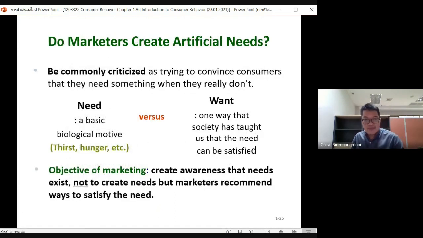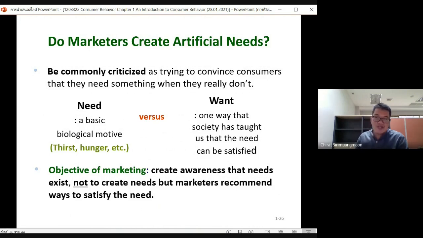First one, do marketers create things that you don't need, or do they try to control you or not? The answer is not actually. Because the objective of marketing is to create awareness and the existence of the product. So the marketer doesn't have much power to control you to buy the product if you don't like it. They don't create the need, but the marketer recommends a way to satisfy the need.